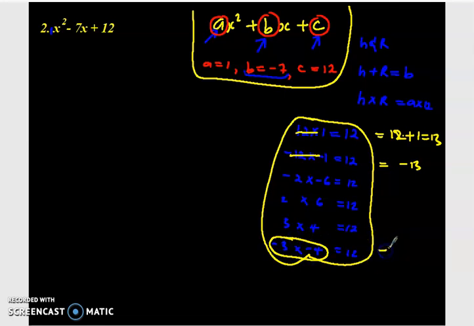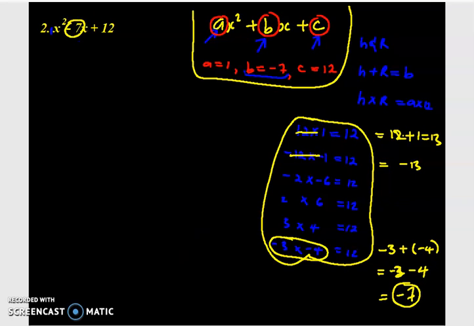If we add negative 3 plus negative 4, the signs are together, so this would give you a negative, which is negative 7. And negative 7 is what we have right there.